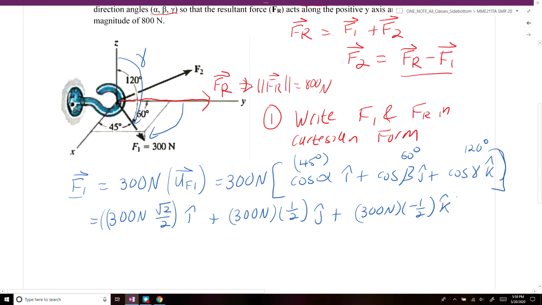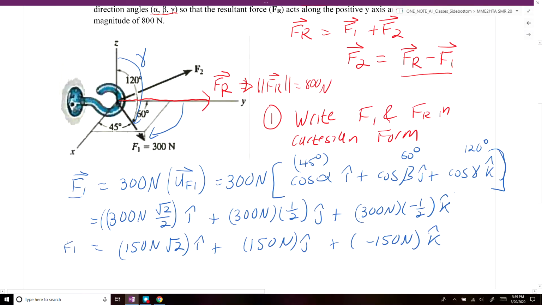If we do all this math really quickly, you get 150 radical 2 newtons times i, plus 150 newtons times j, plus negative 150 newtons times the unit vector k for force 1.